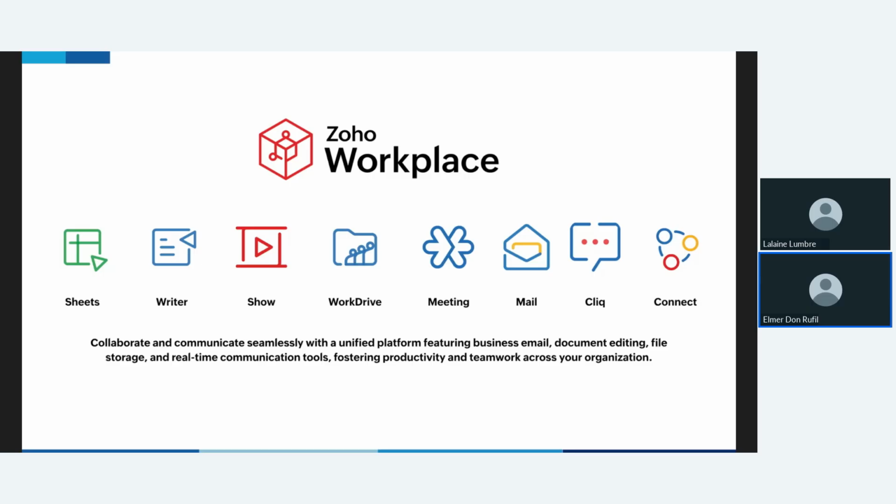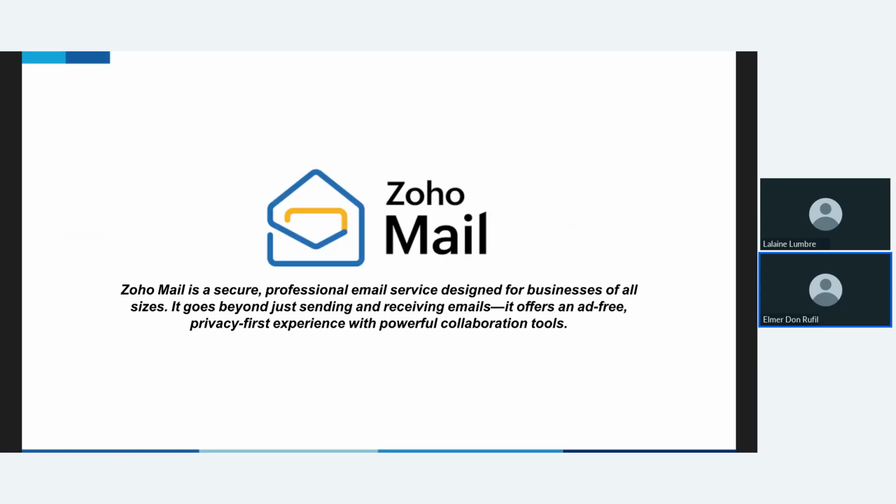You can schedule meetings, organize tasks, and create a connected workspace. The goal is simple: to save time, reduce confusion, and help teams focus on actual work rather than chasing after scattered tools.